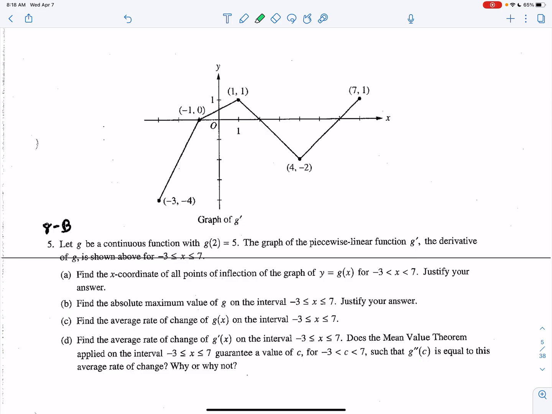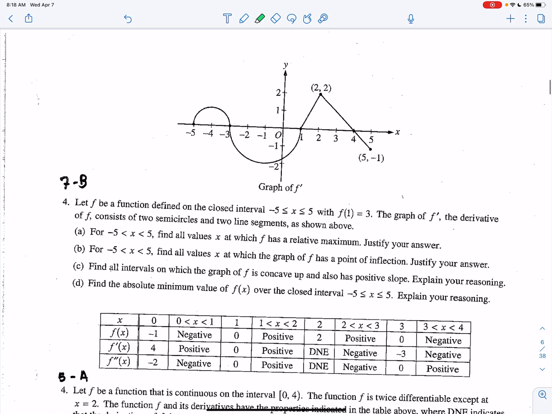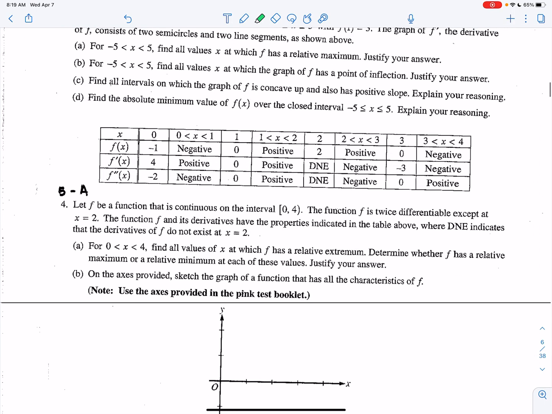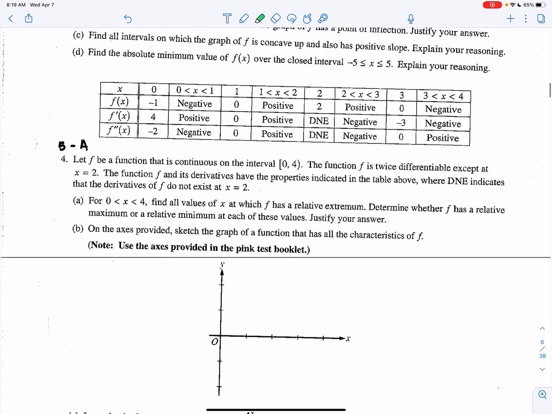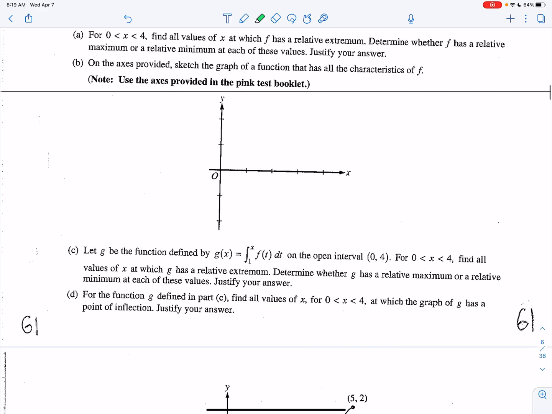Okay, 2008. I don't think I see it here. 2007. I don't see it here either. 2004.